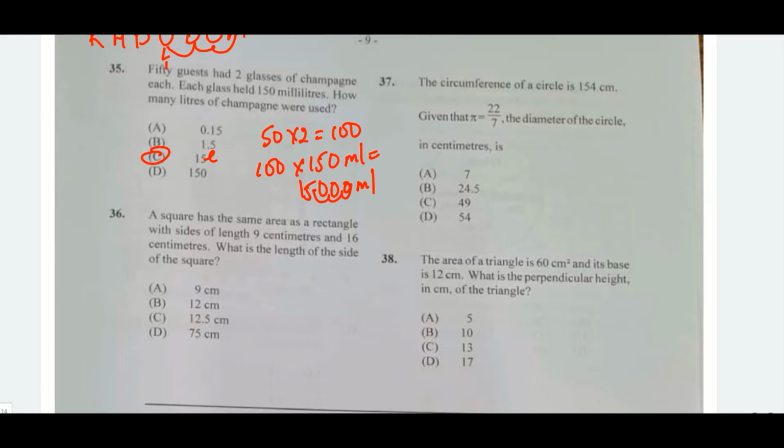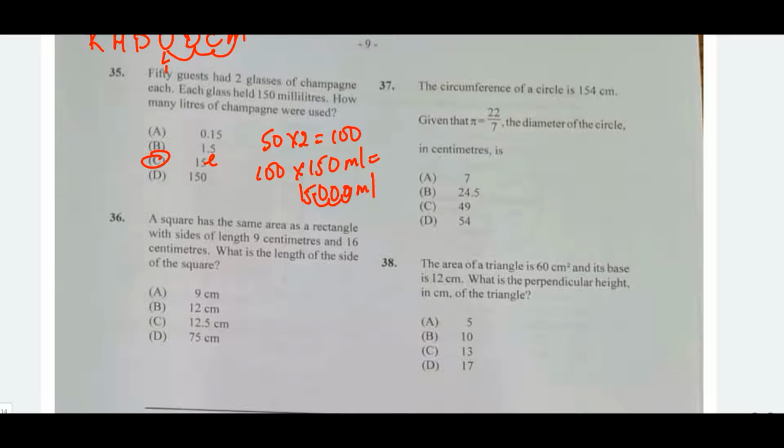Number 37. The circumference of a circle is 154 centimeters. Given that pi is 22/7, the diameter of the circle in centimeters is, now we know the formula for circumference is 2 pi r, or we can use pi d.